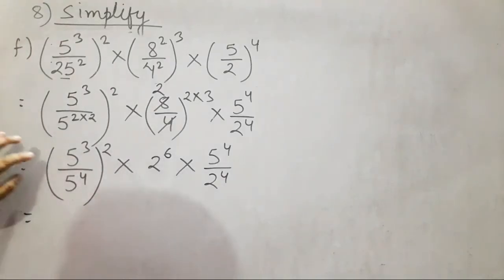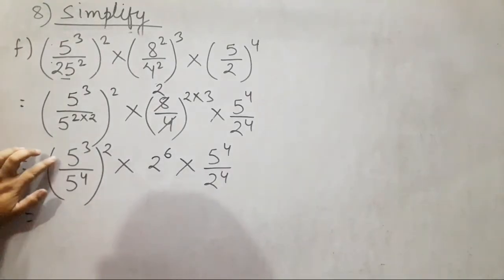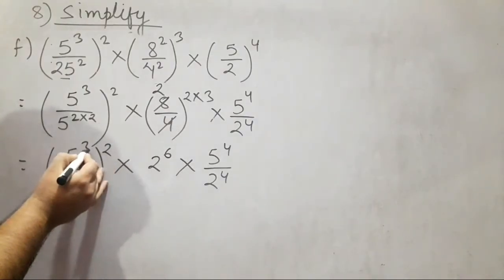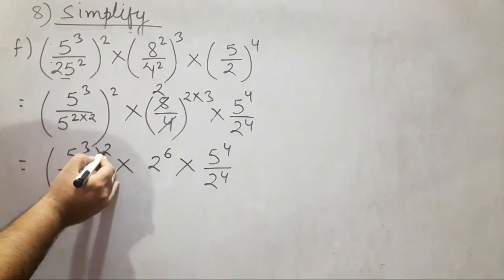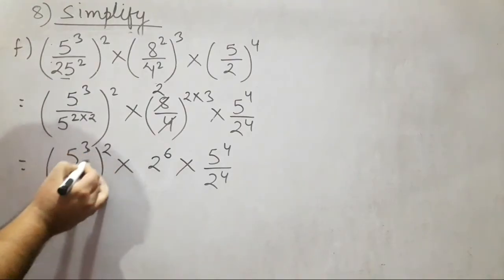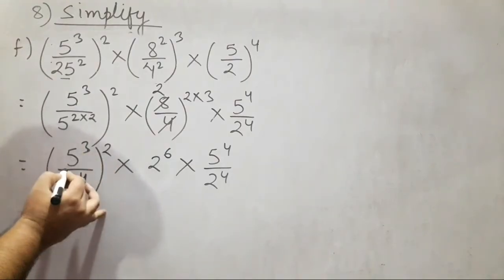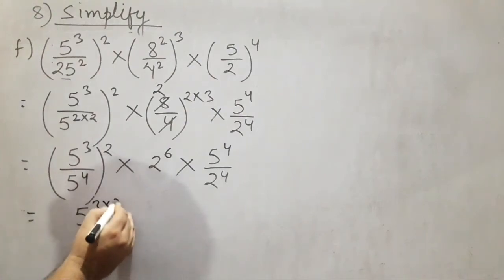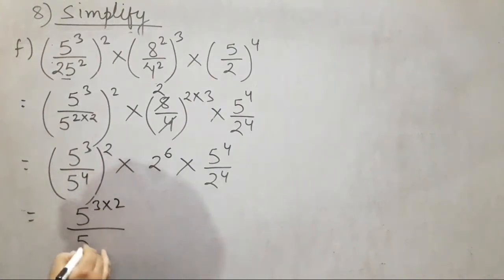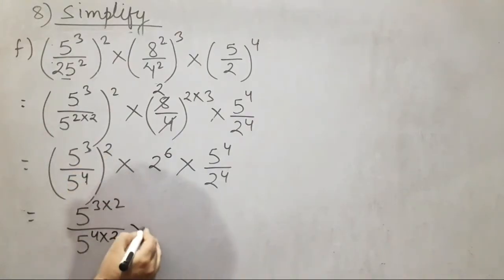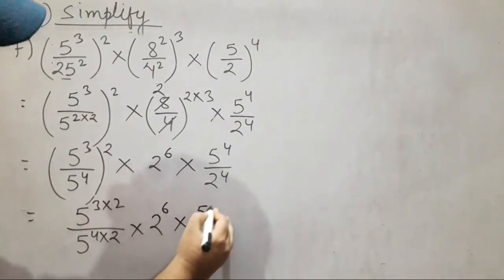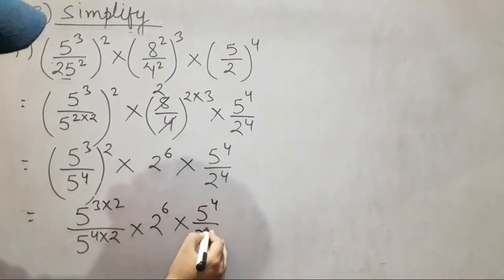Here either you can follow the quotient law of indices, or you can multiply this power 2 with this power 3 and power 4, since this power 2 belongs to this term as well as this term. So 5 power 3 into 2 by 5 power 4 into 2, into 2 power 6 into 5 power 4 by 2 power 4.